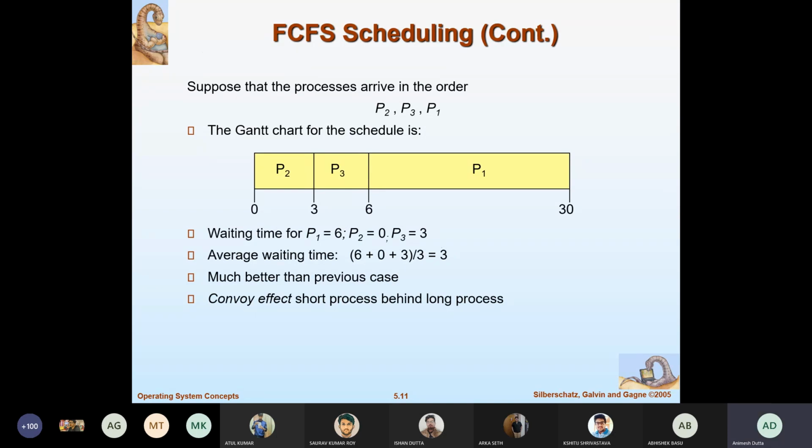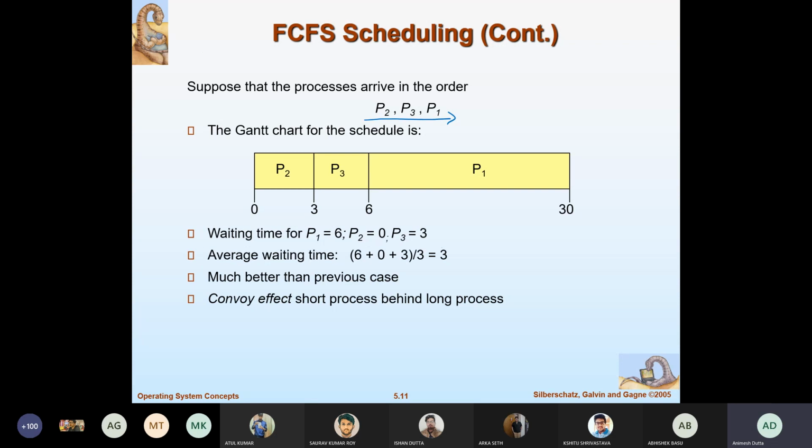Now you see, suppose the processes arrive in this order: P2, P3, P1. You are sending P2 first, then P3, then P1 to the CPU.